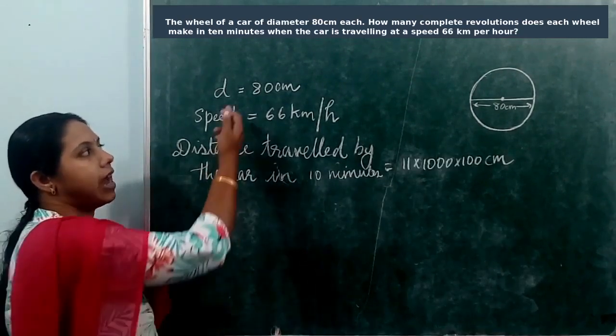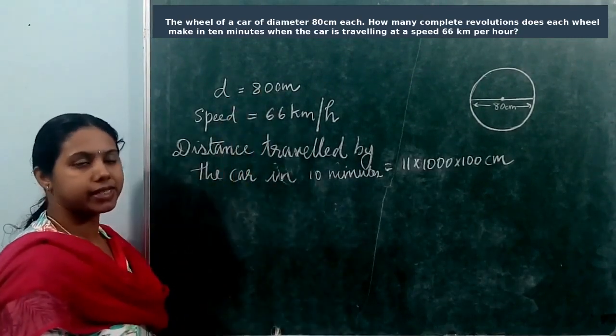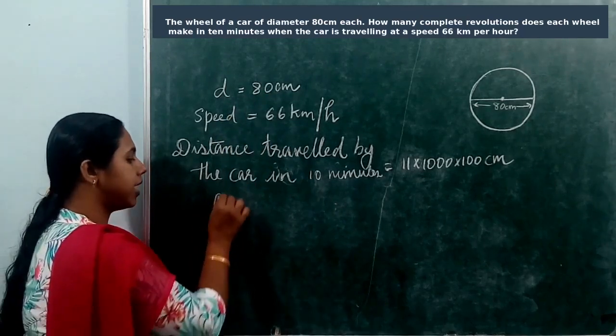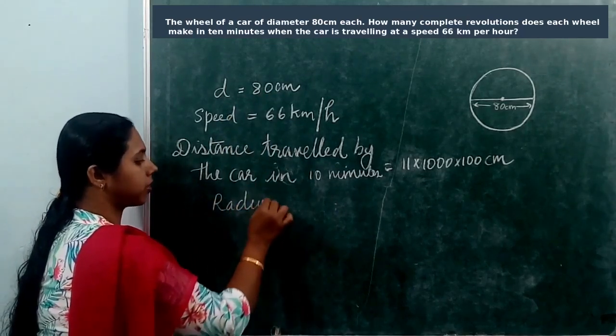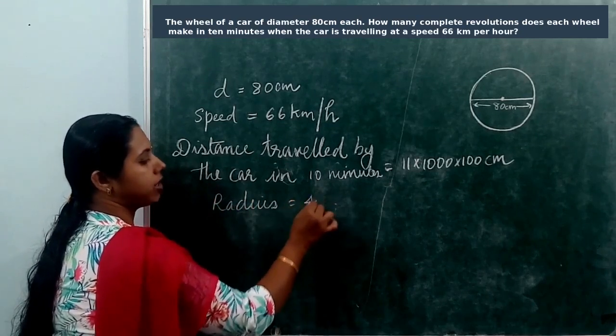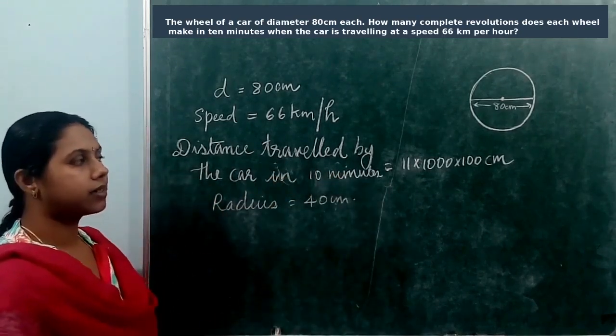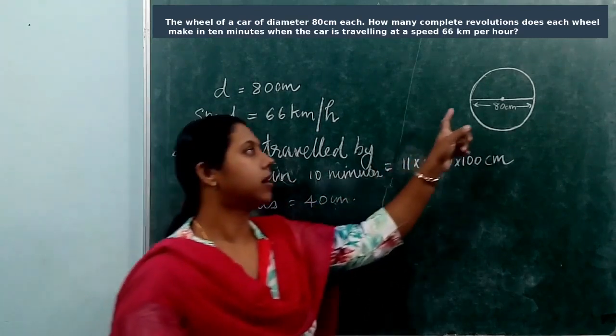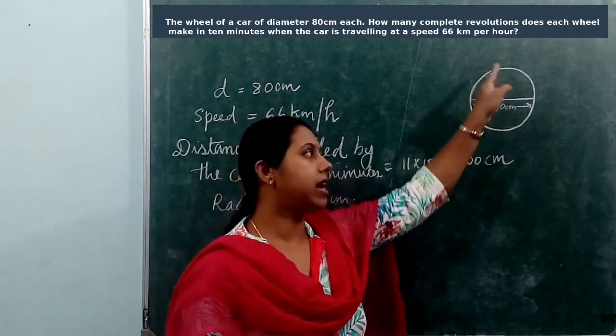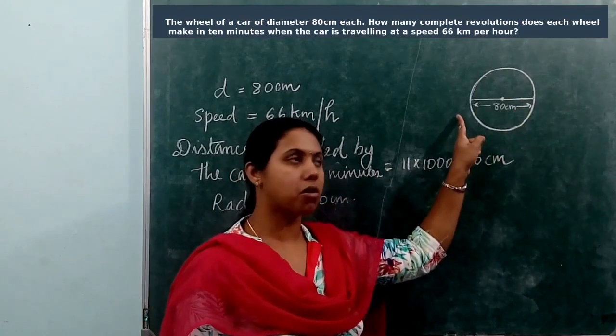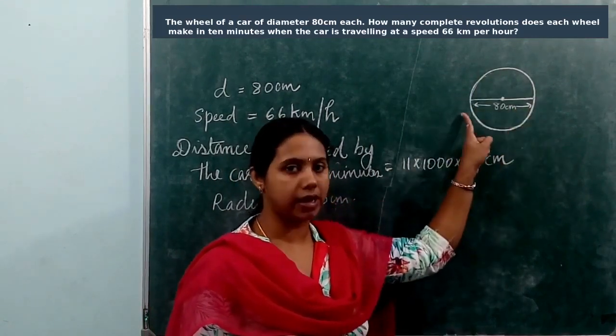Now we know that the diameter of the wheel is equal to 80 centimeter. Therefore, the radius is equal to 40 centimeter. We know that the distance moved by a rotating wheel in one revolution is equal to the circumference of the wheel.